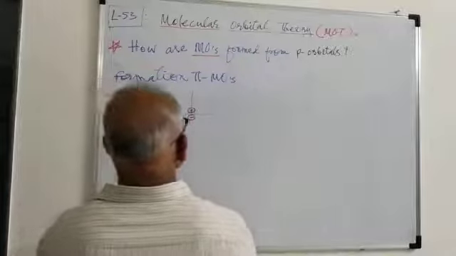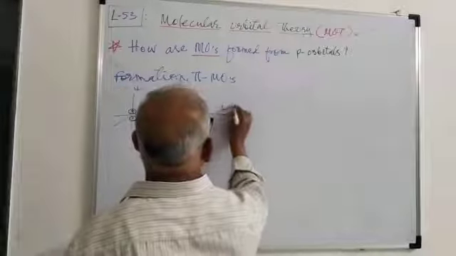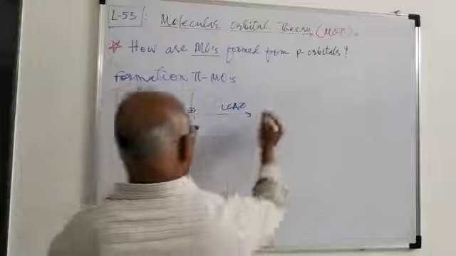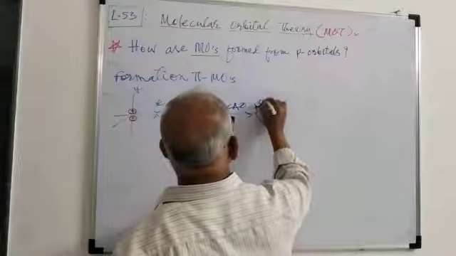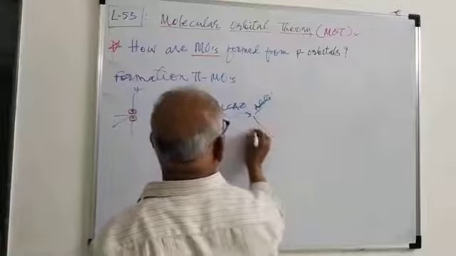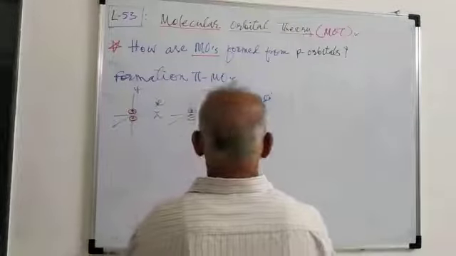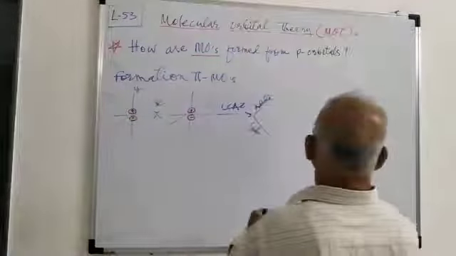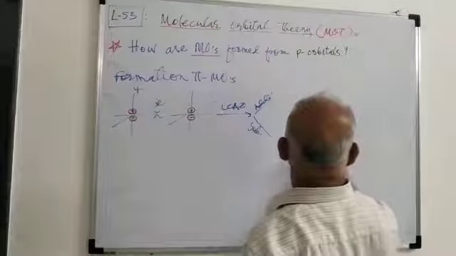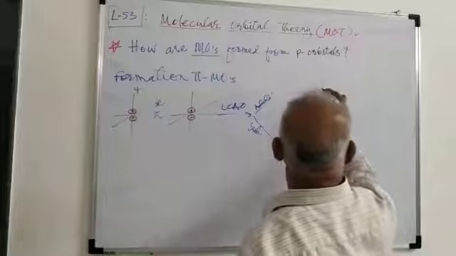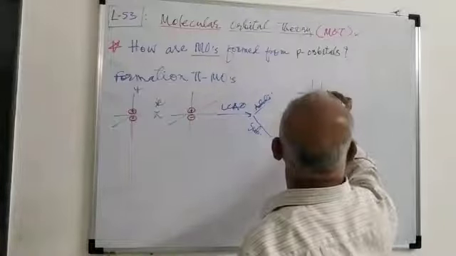So after linear combination LCAO, we get the addition type of overlap and subtraction type of overlap. So this will produce the bonding molecular orbitals and anti-bonding molecular orbitals like this.